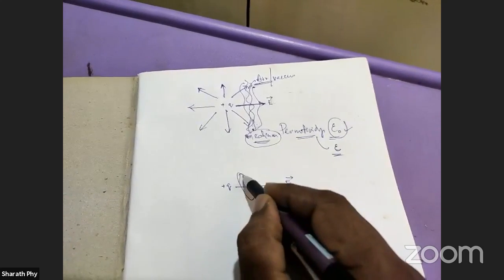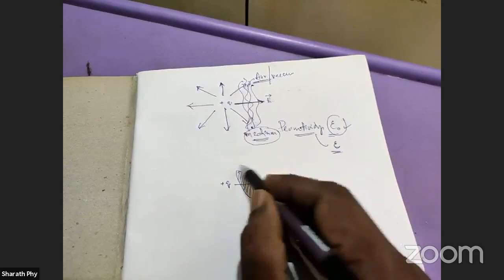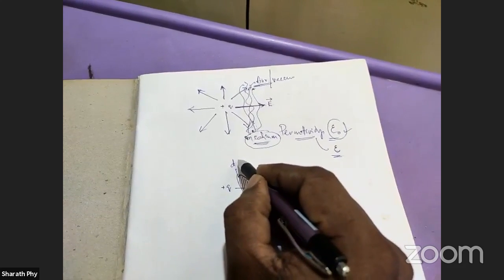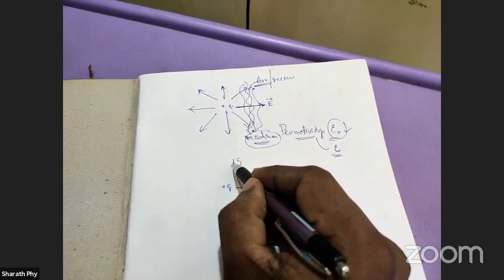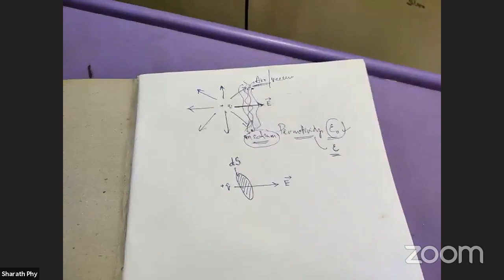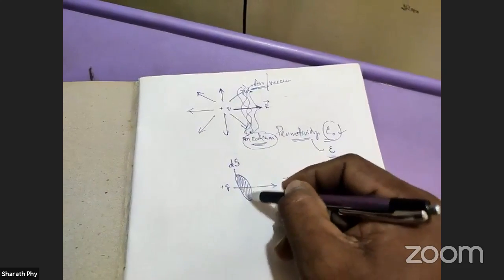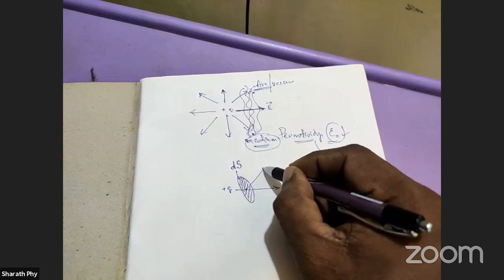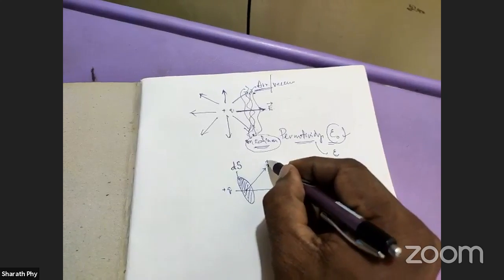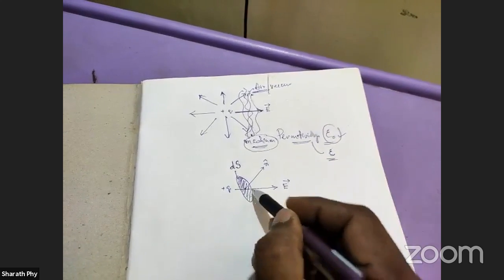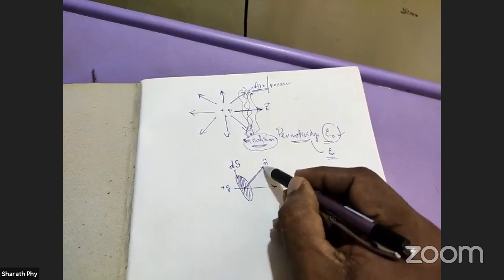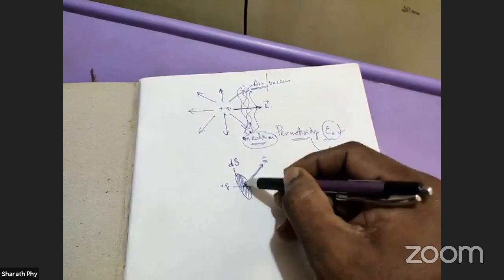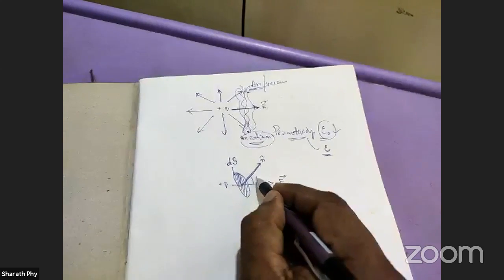This is the small surface I have taken, so S is the symbol we use for the surface, dS, a small surface. The surface is spread like this, so the direction of the surface is this direction. This is the unit vector normal to the surface. This vector we call the area vector. It is always normal to the surface. This is the angle it makes.